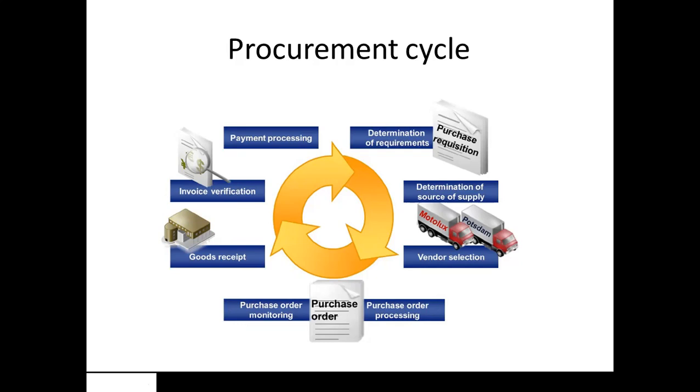And I want to know the difference between invoice receipt and goods receipt. Invoice receipt is something like once you get the invoice, you just enter that into our system. Goods receipt is where the vendor delivers the goods and you need to accept those goods.